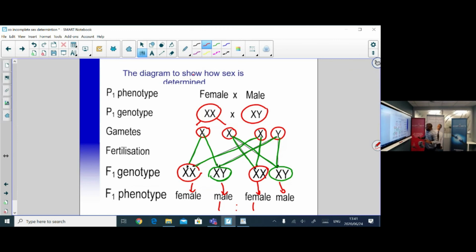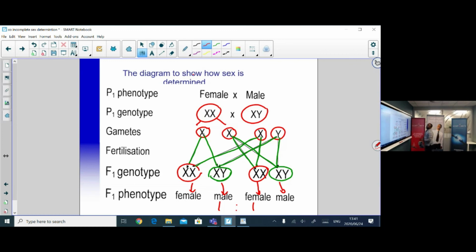So there's a 50% chance of getting a male or a female in any fertilization of a female and a sex cell after mating. So then the question is, why is it that some families have only girls, only female? Why is it that the chance is only favoring a certain sex?